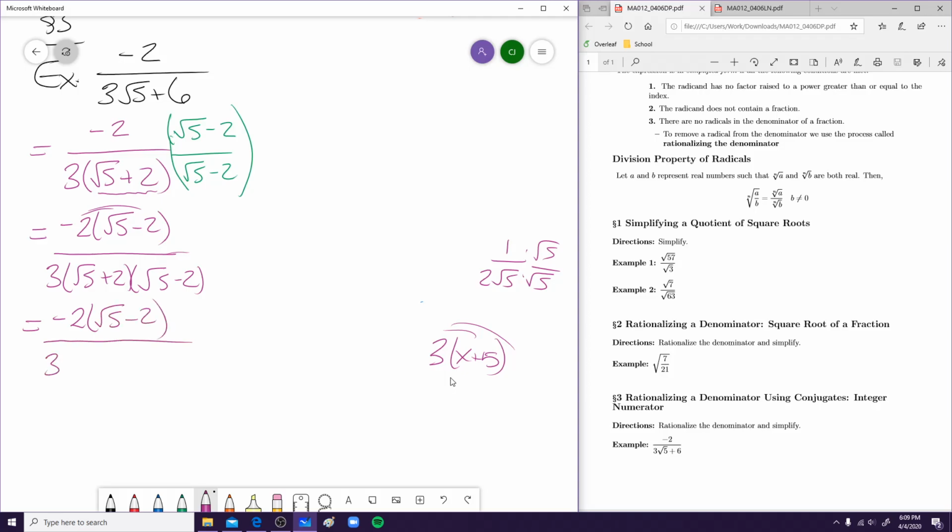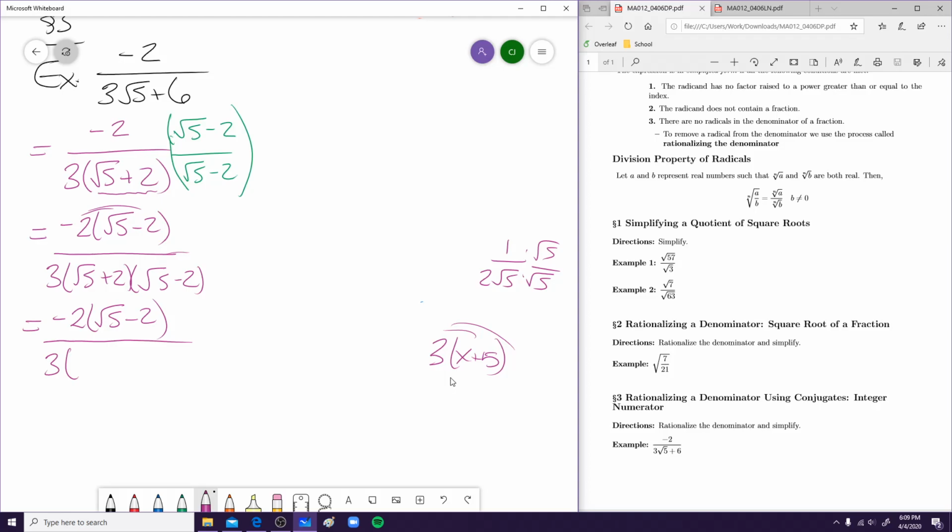Right, so this is a 3. And then the square root of 5 plus 2, square root of 5 minus 2, these are conjugates. Right? If you don't have conjugates in your denominator, ignoring the 3, then something went wrong, and we got to go back and fix it. But square root of 5 plus 2, square root of 5 minus 2, they are conjugates, so then I can use the formula.